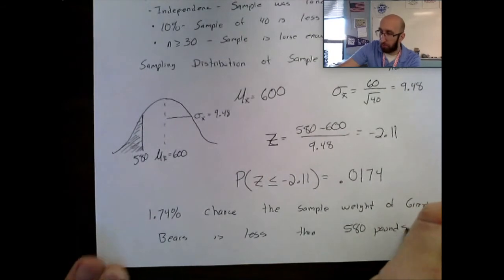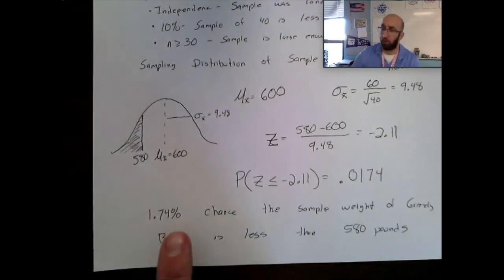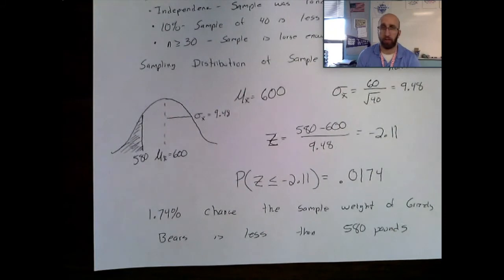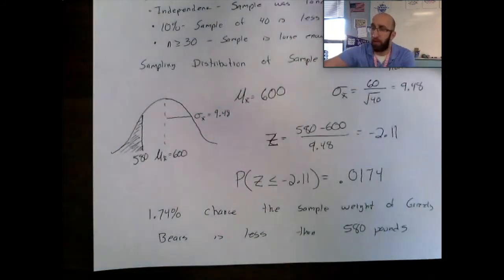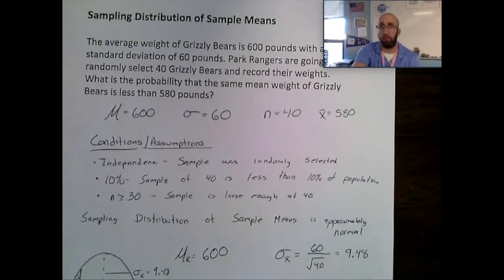So what we found is, if you're going to go out and get a sample of 40 grizzly bears and record the average weight of those 40 grizzly bears, there's a 1.74% chance that average weight will be less than 580 pounds. That was a quick run through of a sampling distribution of sample means problem.